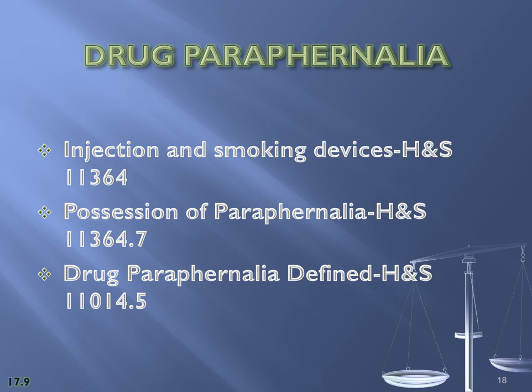Drug paraphernalia, what does that mean? Well, it means all equipment, products, and materials of any kind that are designed for use or marketing for use in planting, propagating, cultivating, growing, harvesting, manufacturing, compounding, injecting, ingesting, inhaling, or otherwise introducing a controlled substance into the human body.